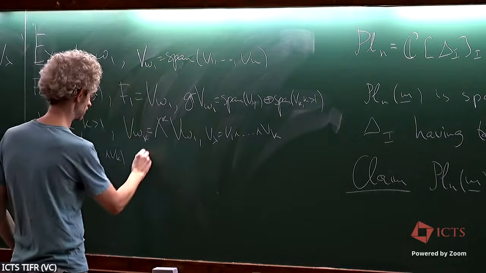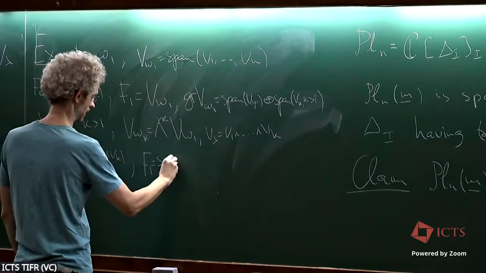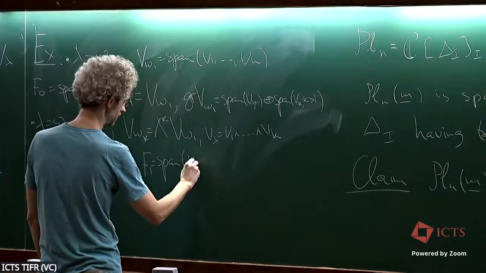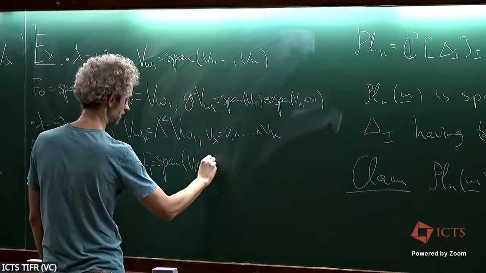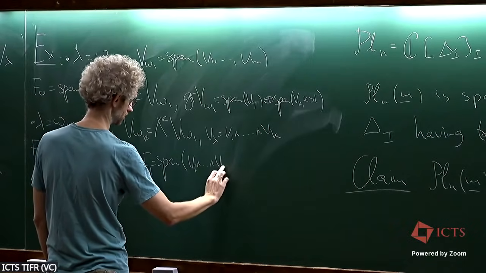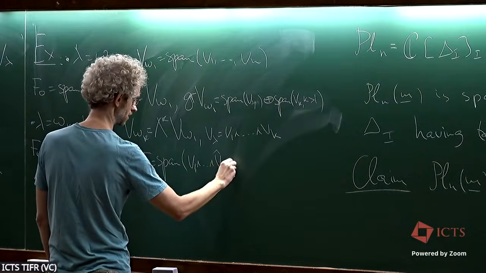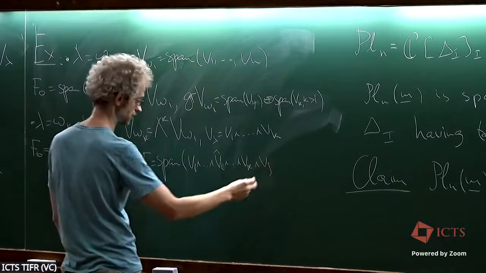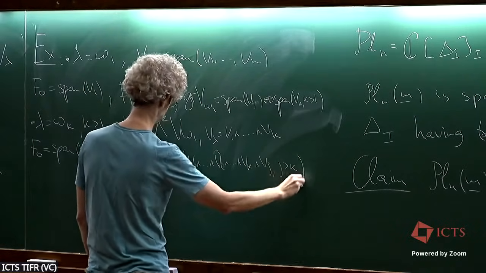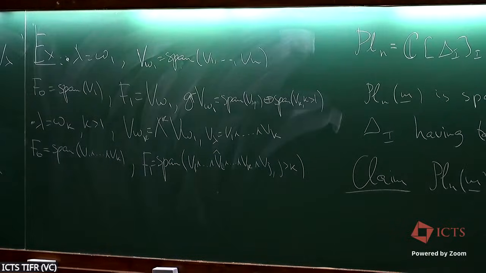Okay, so F_1 is the span of vectors of the form v_1 wedge and so on, where we skip some v_i and replace this v_i by some v_j, where j is larger than k. So just take out one vector and then add another vector. One vector is from the first part and another from the remaining part.